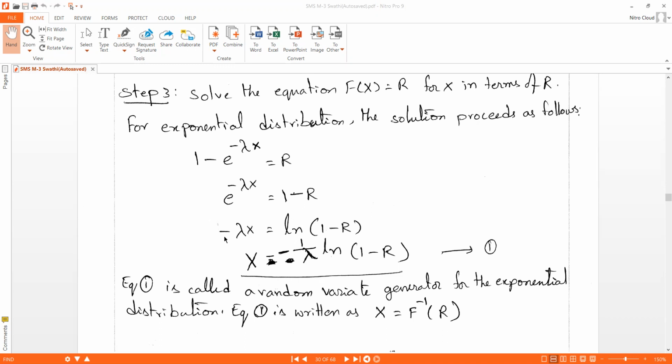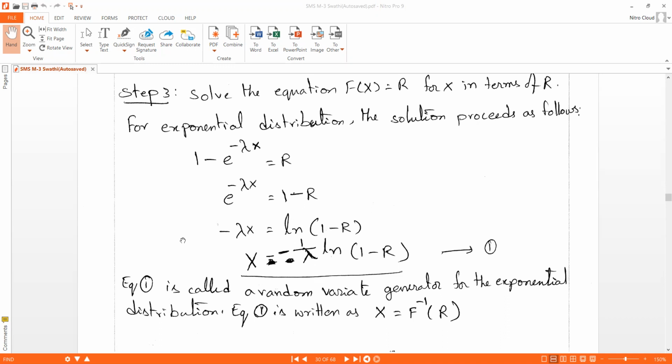If we send that to this side, it will divide. Therefore x is equal to minus 1 by lambda into ln of 1 minus r.